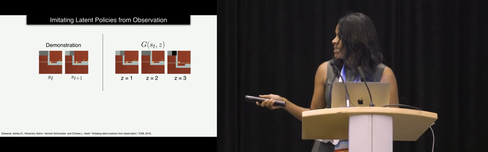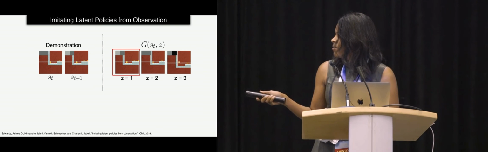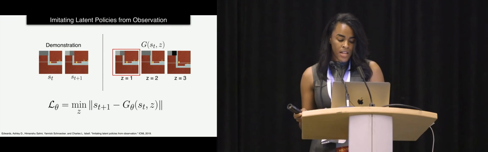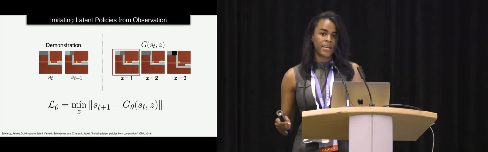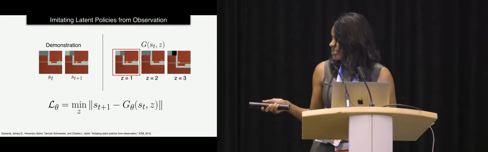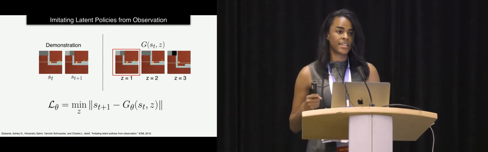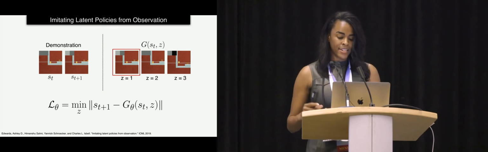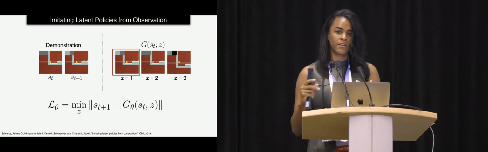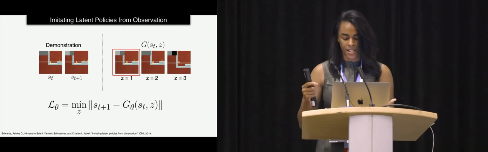So here I have my state and my next state. I'm going to pick the prediction that looks the most like this next state, and then minimize the distance between my predicted next state and the observed next state. What this allows me to do is predict all of the different kinds of transitions that I can see, and basically it allows it to learn the latent actions that we can have.